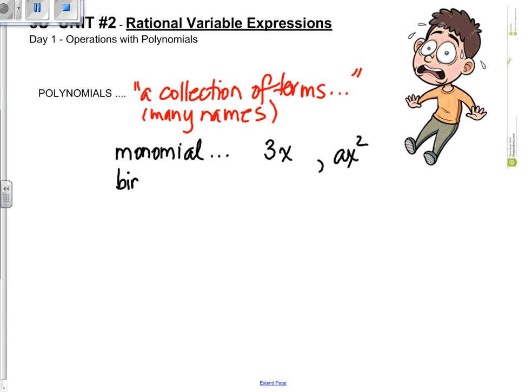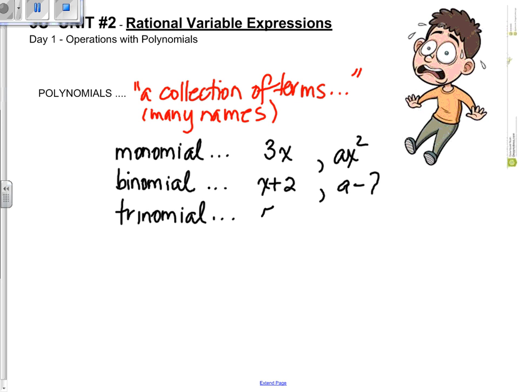Binomial, which we looked at in grade 10, is two things, something like x plus 2, a minus 7. Those would be good examples of binomials. Trinomial is what we started last year and caused us a little frustration. Three things, three different things, some x squareds, some x's, and some numbers would make an excellent trinomial.